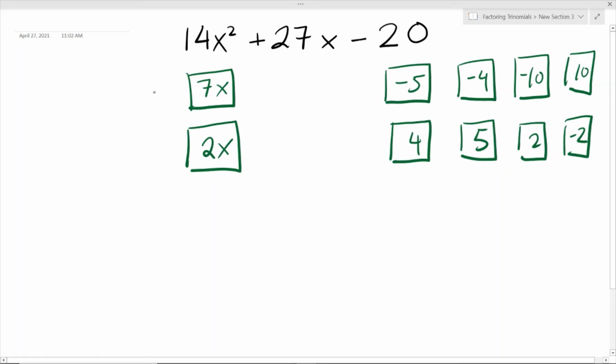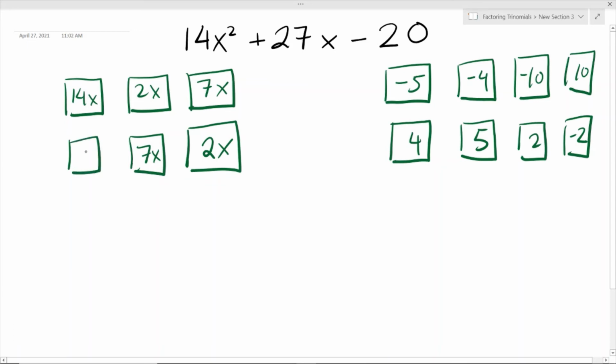Oh, by the way, here, you don't have to be restricted by 7x and 2x. You can also write 2x and 7x, right? Like that. You can also write 14x and x, right? Just as long as each of these x's are to the exponent of 1, right?